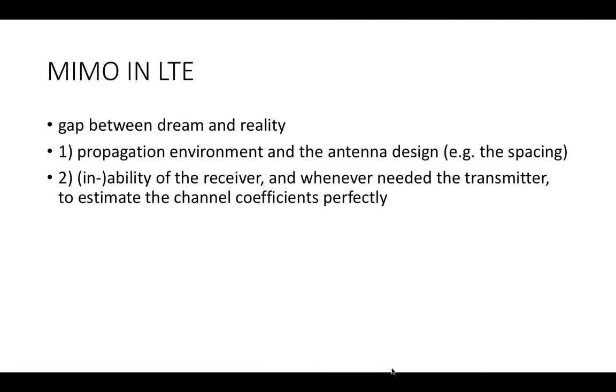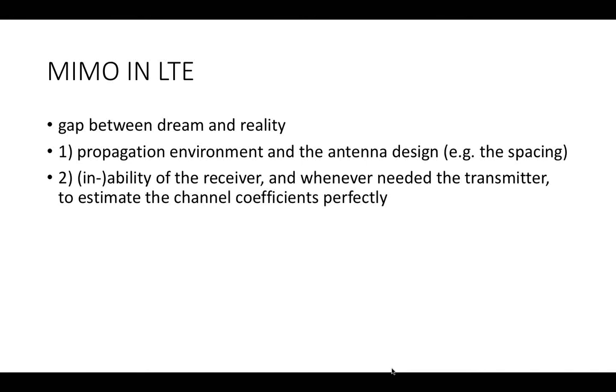So at first, we'll talk about the gap between dream and reality. A few important practical constraints are briefly reviewed which affect the real-life performance of the theoretical MIMO system considered above, and which often are decisive when selecting a particular transmission strategy in a given propagation and system setting.